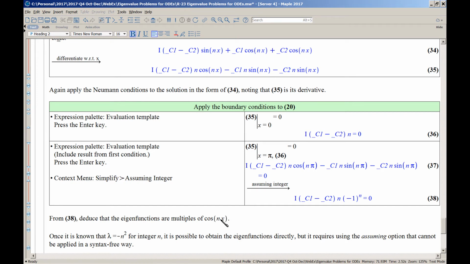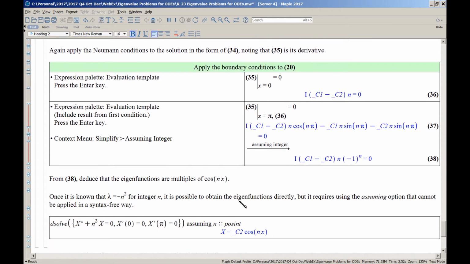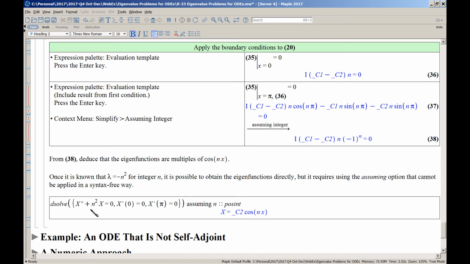And that's how we have concluded here that the eigenfunctions are multiples of the cosine. And again, if we were using commands and we use the dsolve command, we could apply this assuming option, assuming n is a positive integer, and you would immediately get that x is cosine.